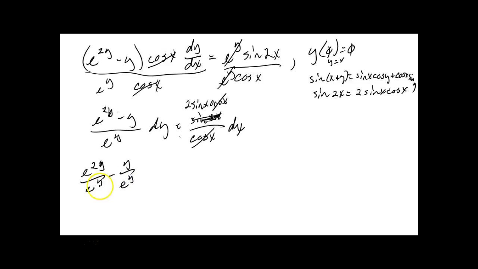That's legal, right? And this would just be e to the y, and this would be y e to the minus y.